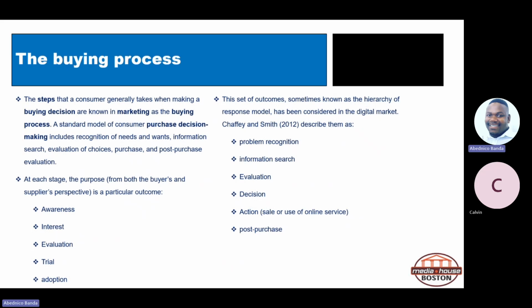The steps that a consumer generally takes when making a buying decision are known in marketing as the buying process. A standard model of consumer purchasing decision includes knowing what it is that you need. So first of all, for example, if there's no bread at home, you want to have breakfast, you need to understand that you need bread.